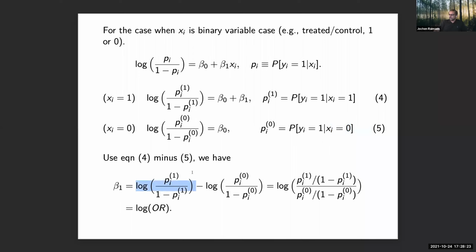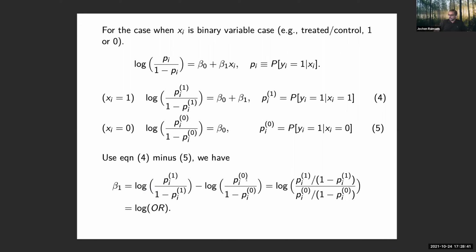the log odds of the covariate male gender equals 1, so males. These would be the log odds for males minus the log odds for females, where male gender equals 0.